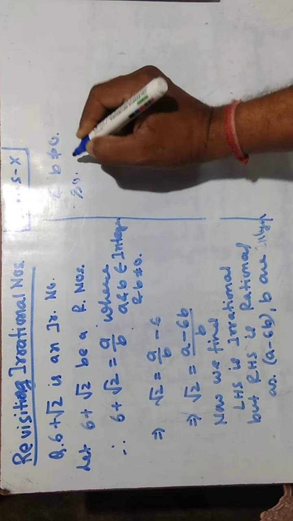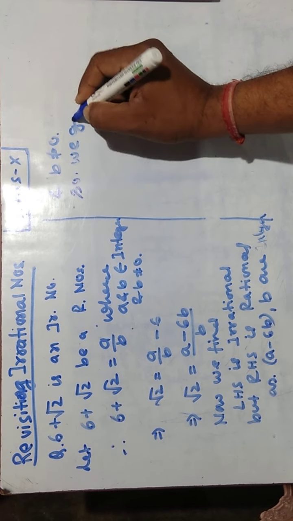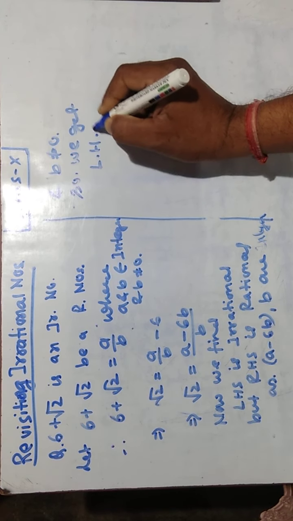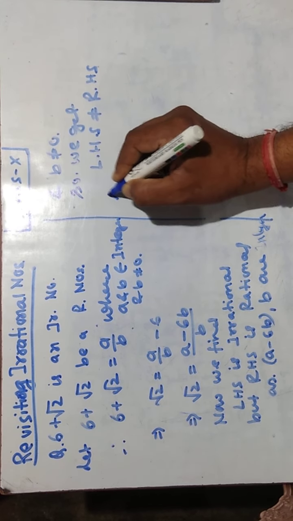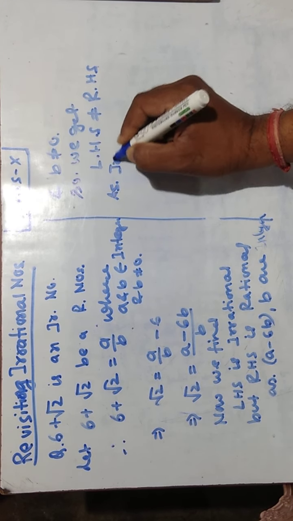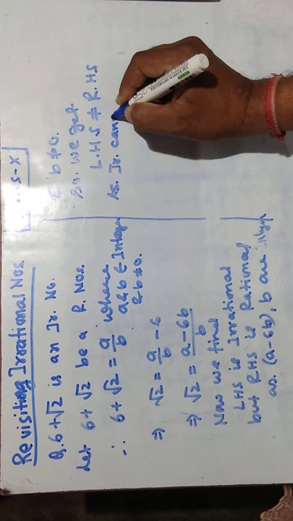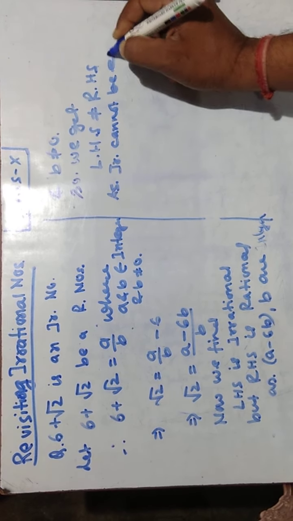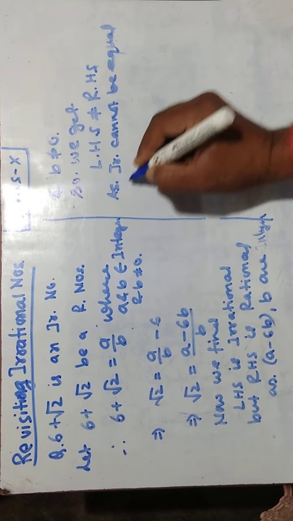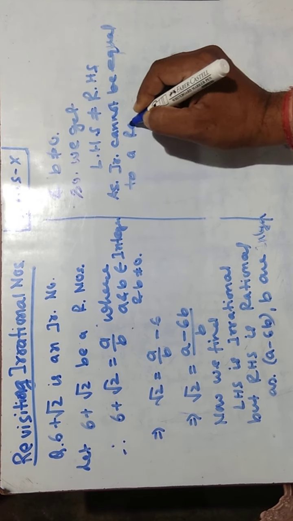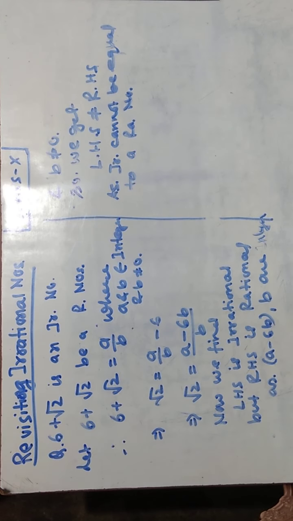So we get left hand side not equal to right hand side, as an irrational number cannot be equal to a rational number.